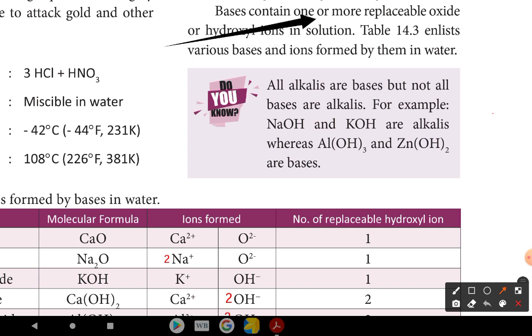So what does a base contain, children? A base will contain one or more replaceable oxide or hydroxyl ions in solution.